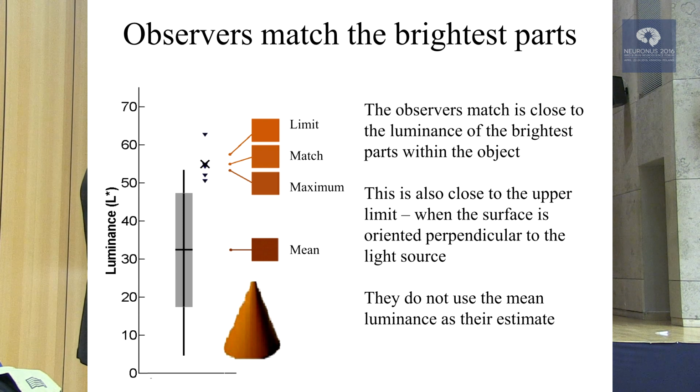This looks much darker than what the object looks to the observer. What they use, their matches, these are the data points here, the matches are very close to the maximum luminance value within the object, and it's also close to the upper limit, which is what you would get if you orient the piece of paper cut out from the cone perpendicular to the light source.